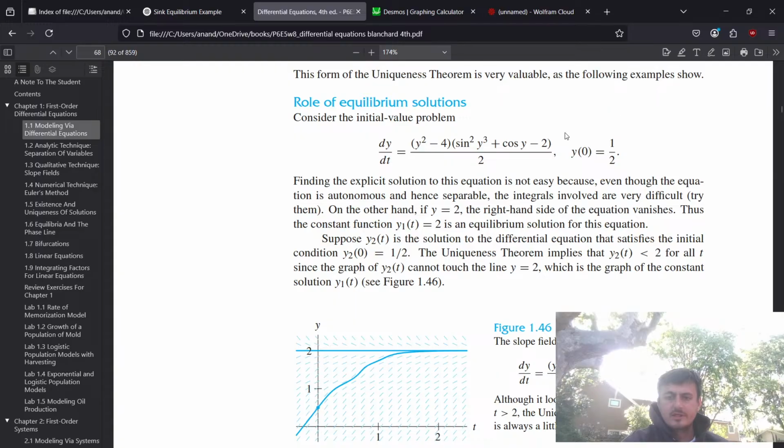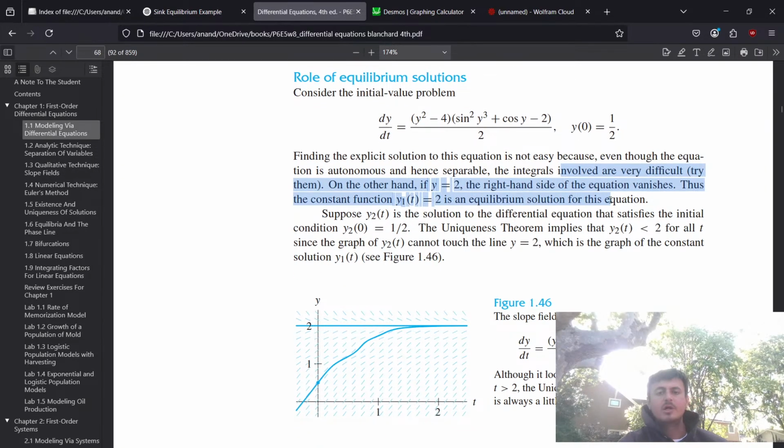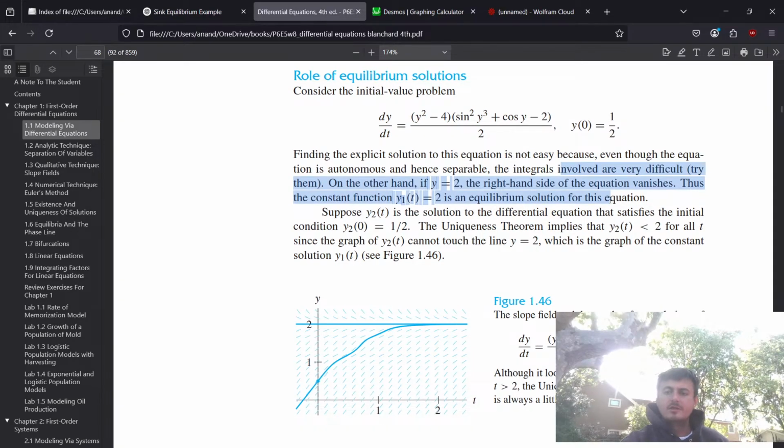All right, the role of the equilibrium. Consider this really complicated expression. Finding it is really hard. Even though it's autonomous, you could probably try to do it. I'm not going to try that. On the other hand, if y equals 2, the right-hand side vanishes. Thus, the constant function is an equilibrium solution.